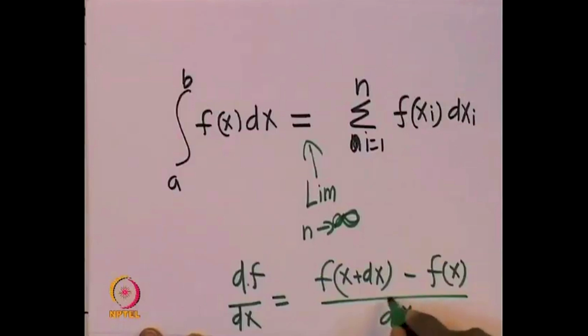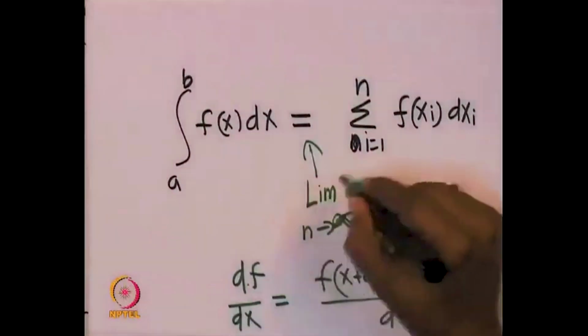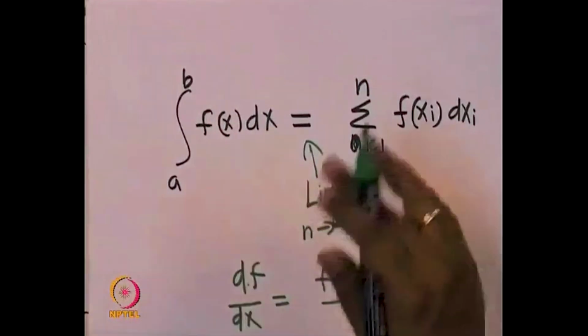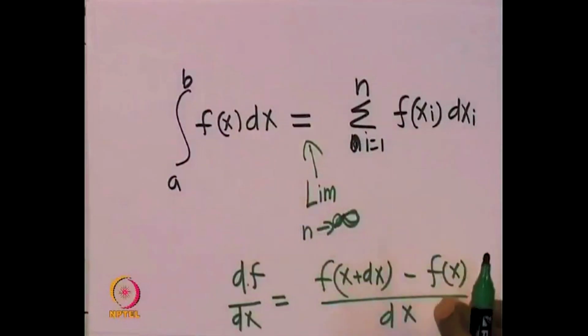When this quantity is very small, these two will be equal. Similarly here, in the limit n tends to infinity, this will be equal. So the correct thing is to divide this into a large number of parts and then calculate the area. Right now we will do some examples for this curve.